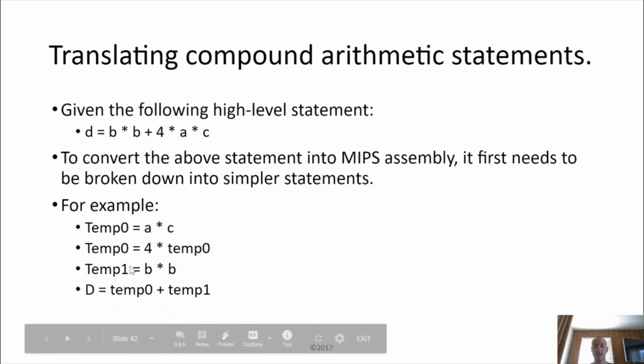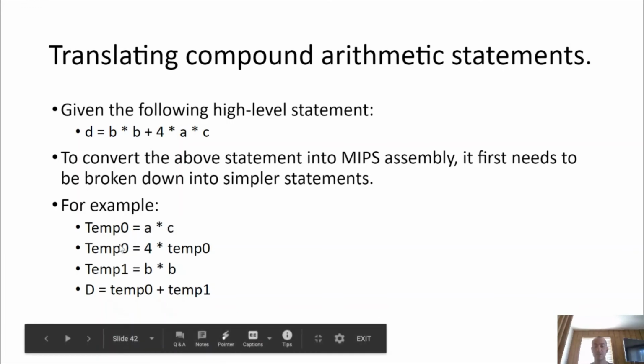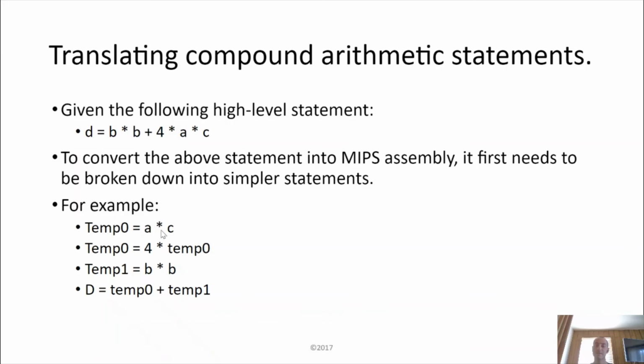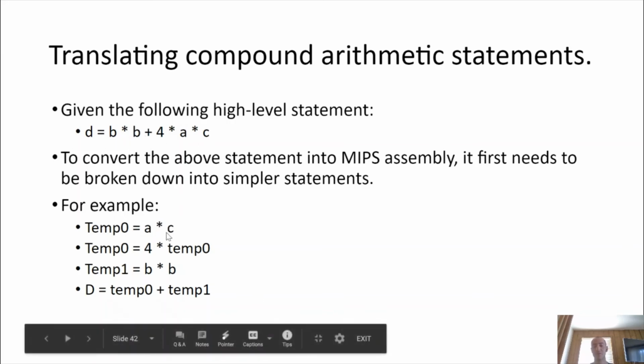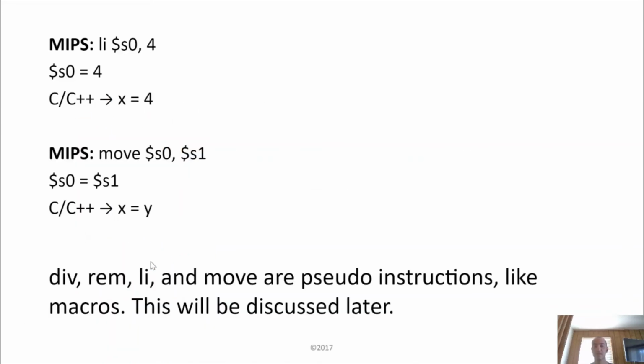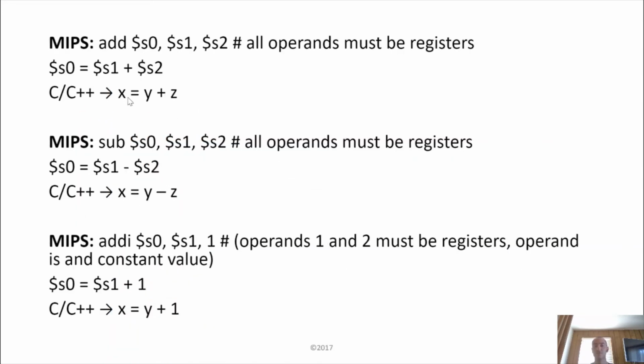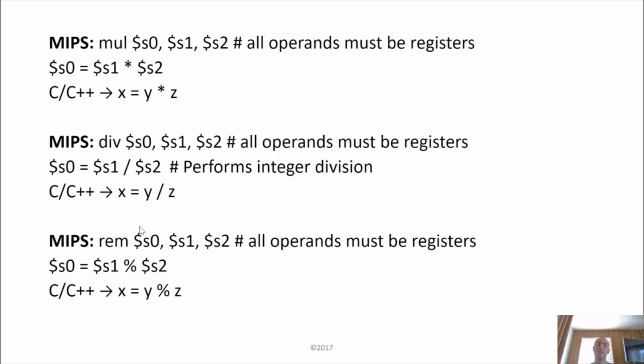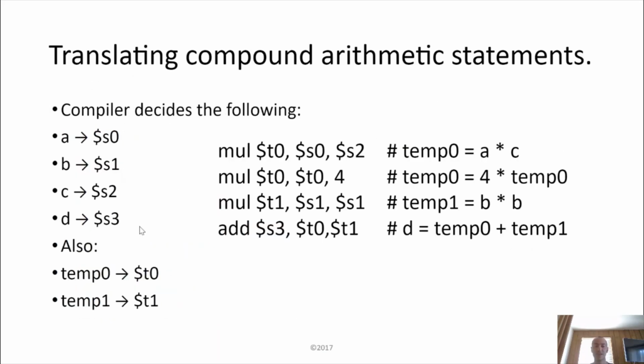So you see here that each line of code is only 2 operands happening at the same time, versus here we had all of them together. Once you have this, the translation is pretty straightforward. You just have to know which registers you're using for each of these, and you can use your addition and subtraction and anything that you need to do the translation.